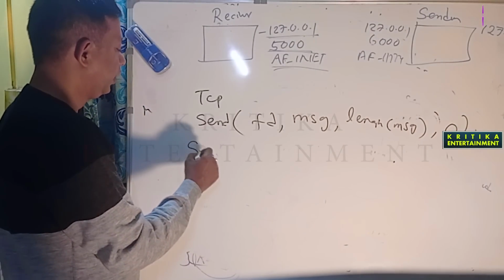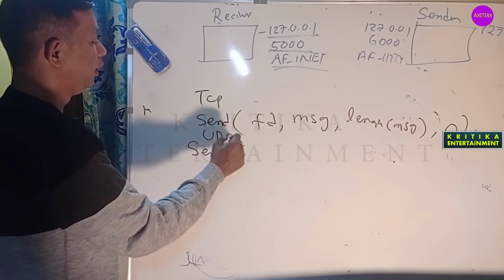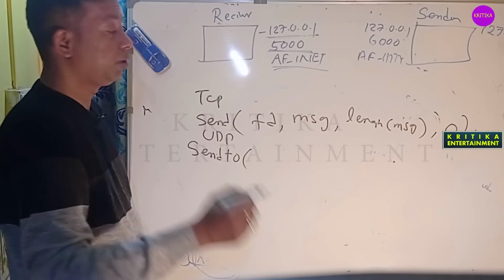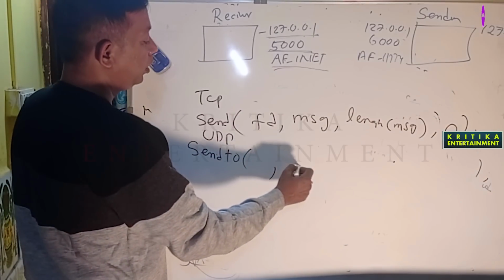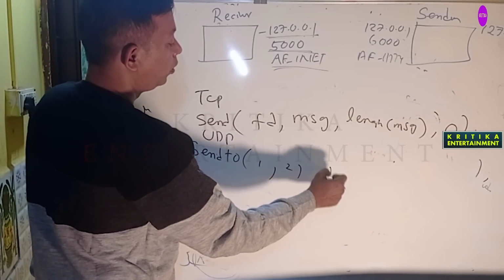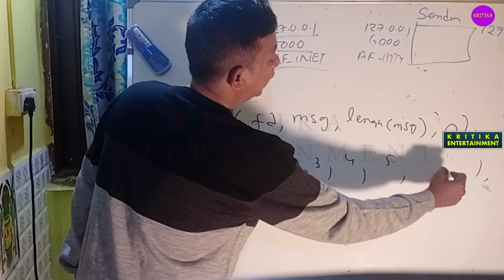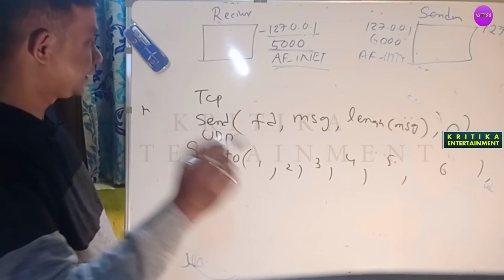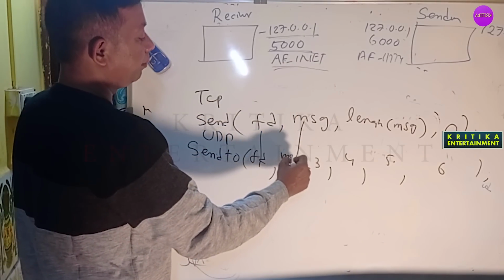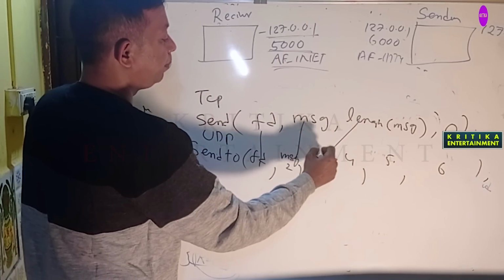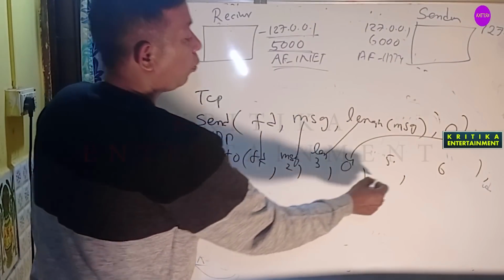Then in UDP, how many arguments are there? Here we pass 6 arguments: 1 2 3 4 5 6. FD is replaced here, message here, length here, flag here. What are the other two?